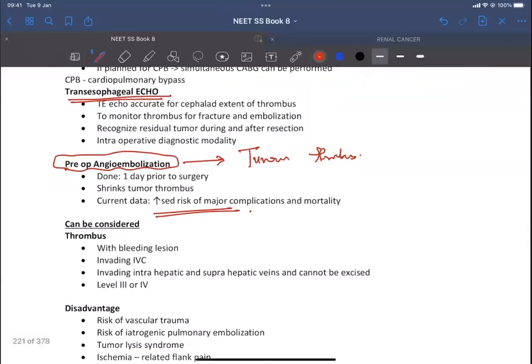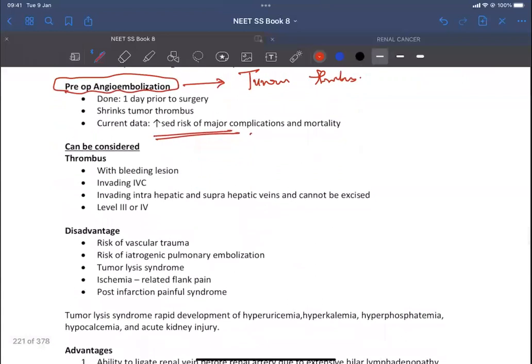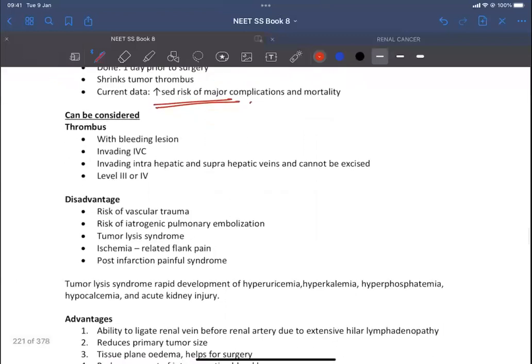The only advantage that we thought it gave us was that it helped us ligate the vein early if your artery has already been embolized. But these lesions have so many collaterals that even if you ligate the vein before the artery, it still bleeds a lot.